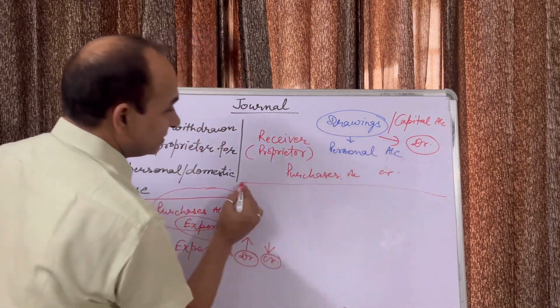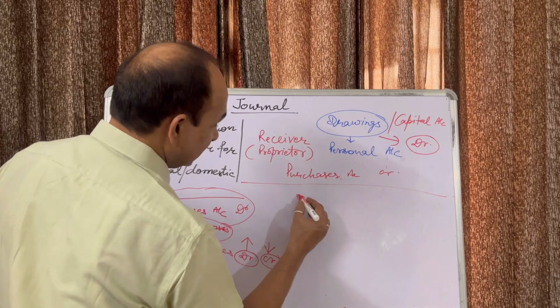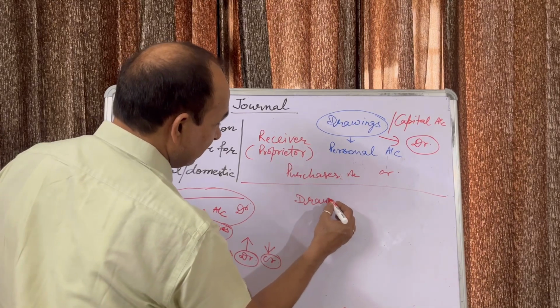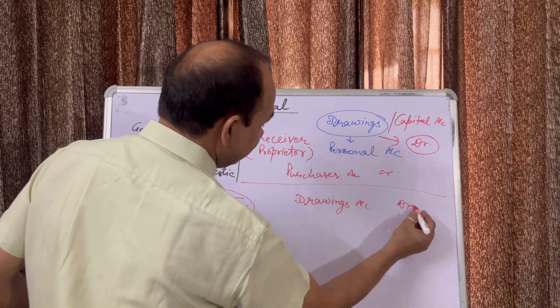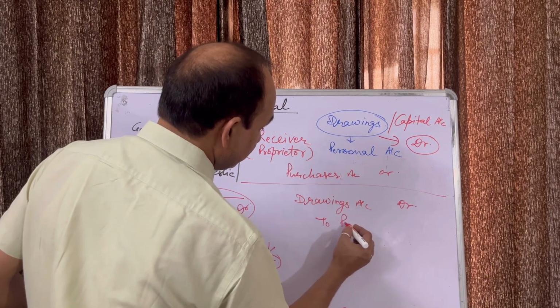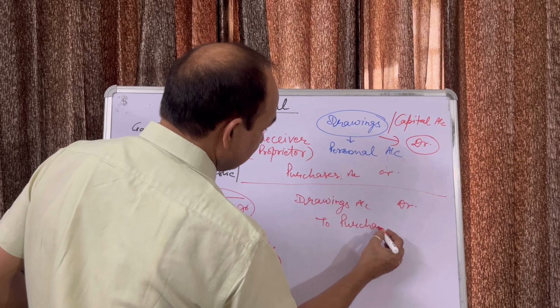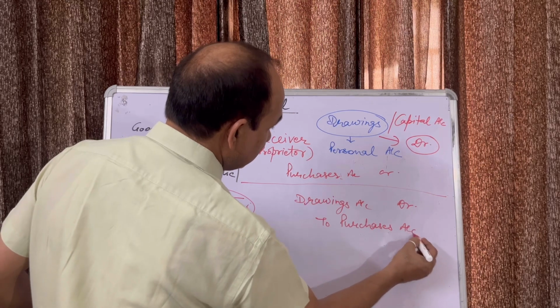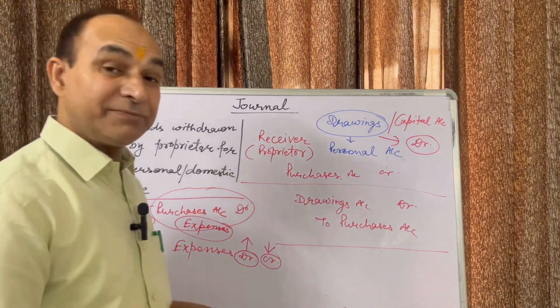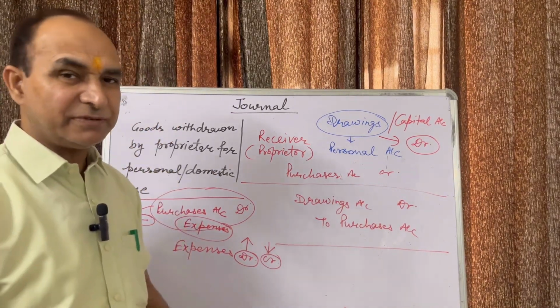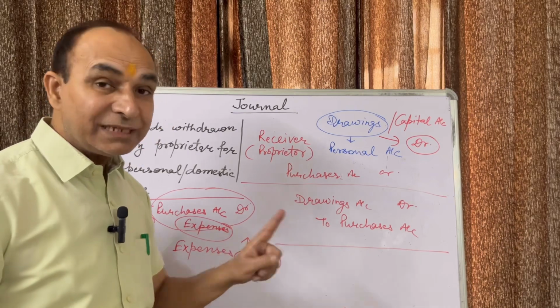So what will be the journal entry? See, our journal entry will be drawings account debit to purchases account.